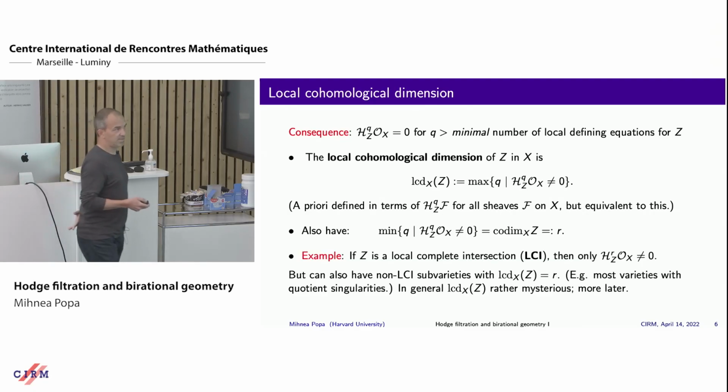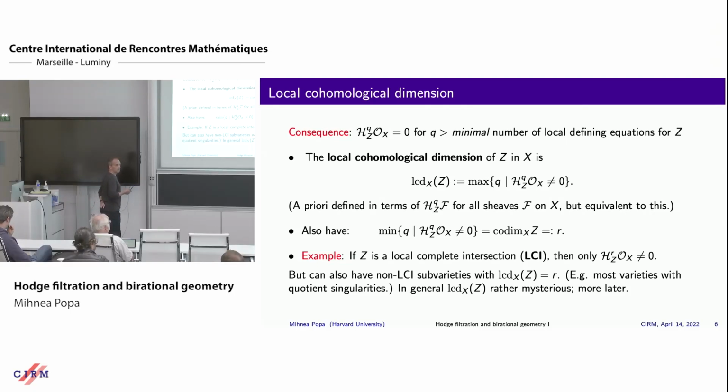And the simplest case is to have a local complete intersection. This means that the codimension is equal to the minimal number of defining equations, and therefore there's only one degree in which local cohomology appears, namely the codimension. This is what we saw for hypersurfaces. We had only H^1. Okay? But before you get your hopes up too high that maybe it's a good invariant to detect something like this, it's very far from being true.